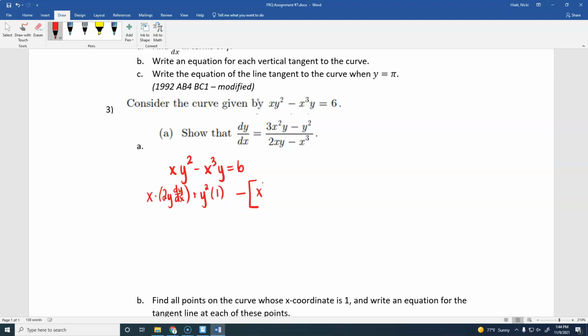So I'm going to have x to the third times the derivative of y, which is just dy dx, plus y times the derivative of x cubed, which is 3x squared. Not 6. And the derivative of 6 is 0 because we're taking the derivative.